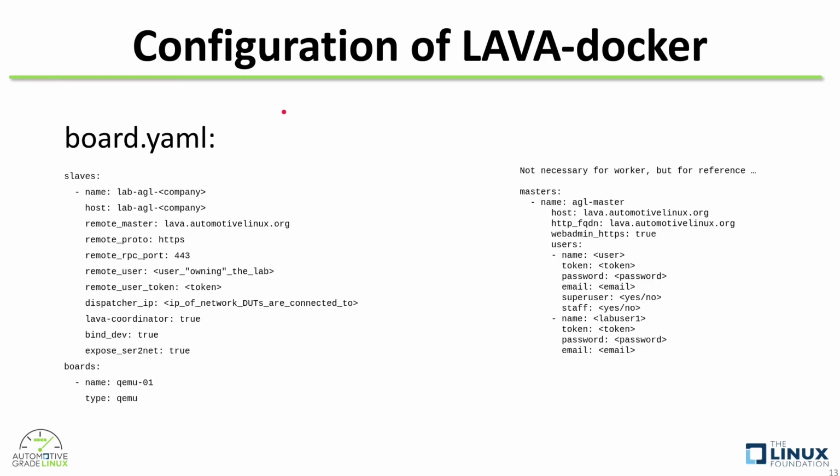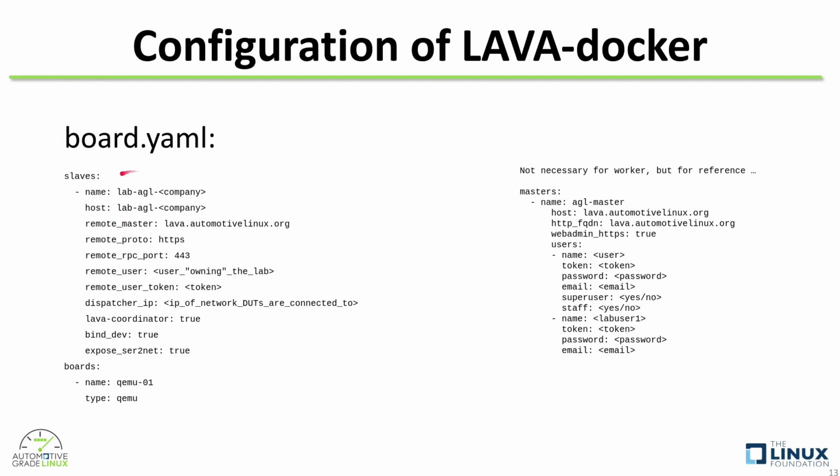The configuration of Lavadocker. In case there's a master or a scheduler, you can configure the master, which looks kind of like this in our case, not exactly. And for a slave, for a worker, we set it up in this way.